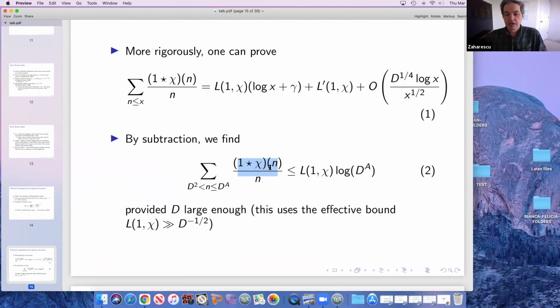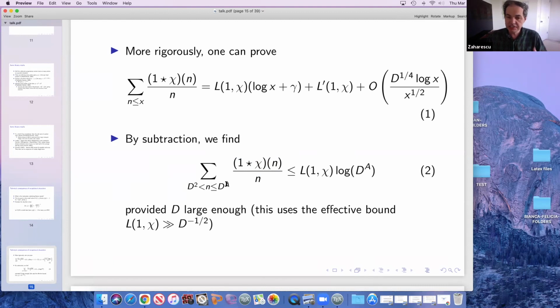And in particular, for those primes p for which chi of p is 1, when you look at the convolution, what you get is 2. Because you get a 1 from here and a chi of p from here, and you get 2. So this sum is like 2 over n. Now, the sum of 1 over n up to here will be asymptotic to a log of d to the a minus a log of d squared.